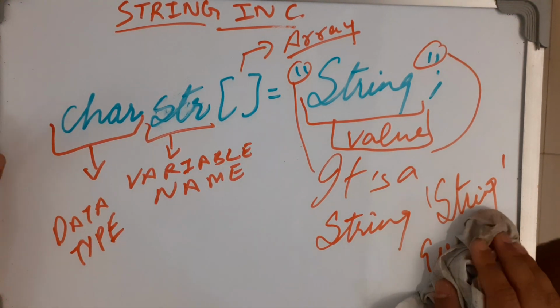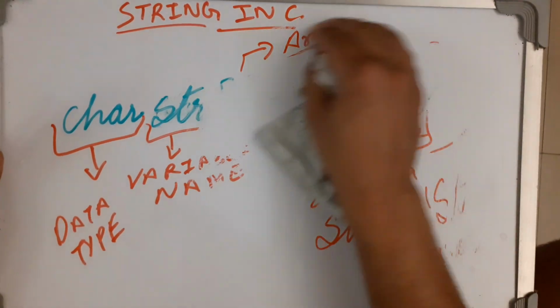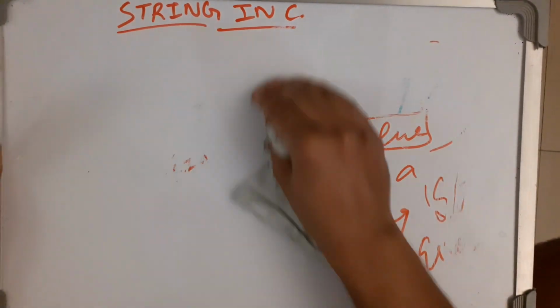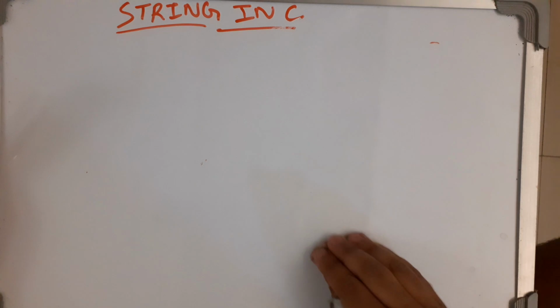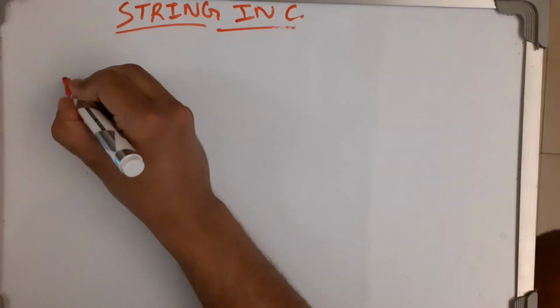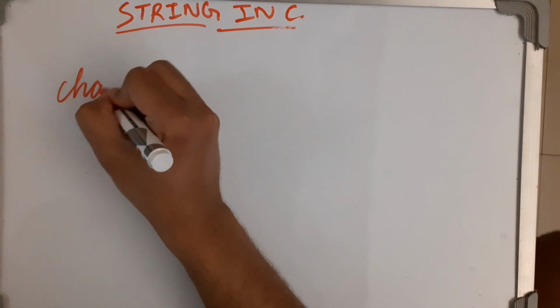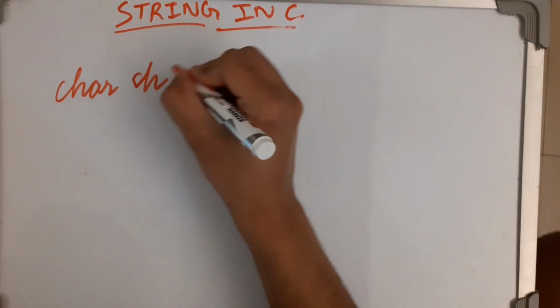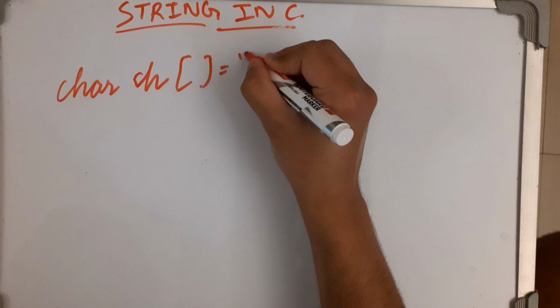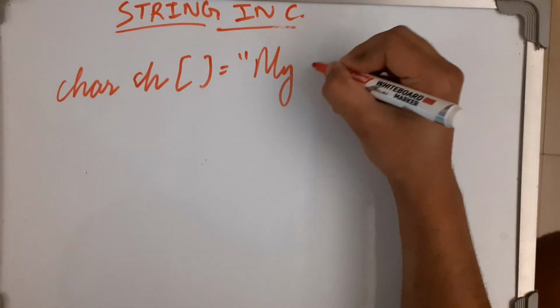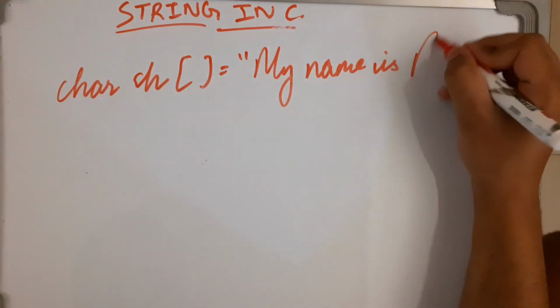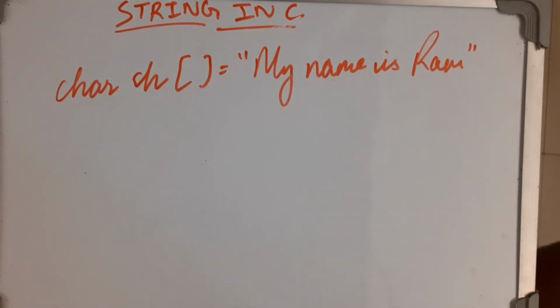Now let me show you how it stores value. Like you have defined char ch equals to "my name is Ram", this is your string.